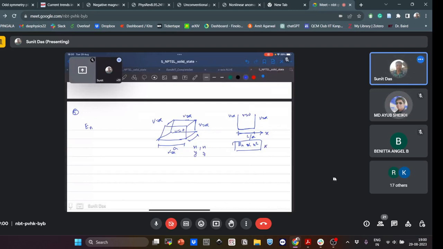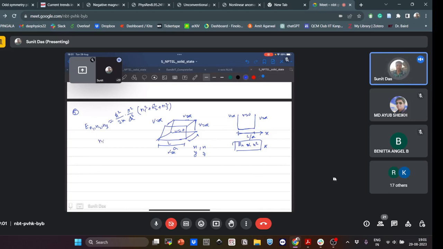So this time energy will depend on three different level indices, n1, n2 and n3, and the formula will be a similar formula, pi square by L square, let's say all are the same, or A as I have used, and this will be n1 square plus n2 square plus n3 square, just the sum of all these things.